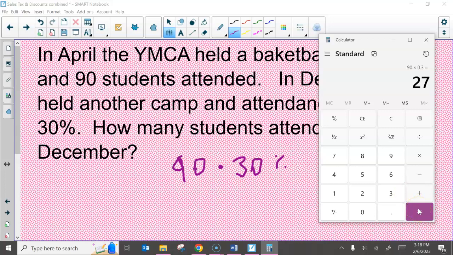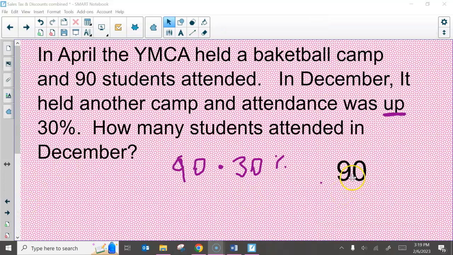Now that's not your final answer. That means that 27 more students attended. So we're going to take our 90 students, and as the calculator showed, we're going to get 27 more. So we're going to add 27 to our 90.